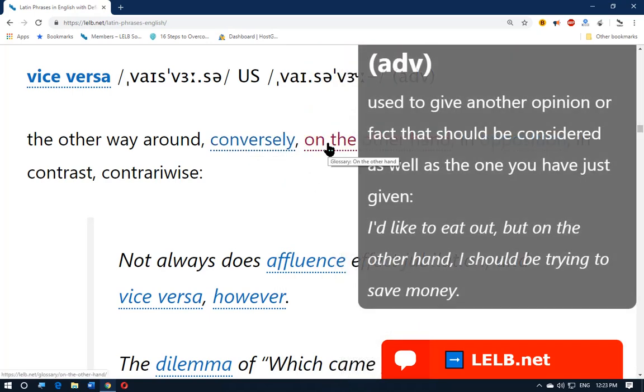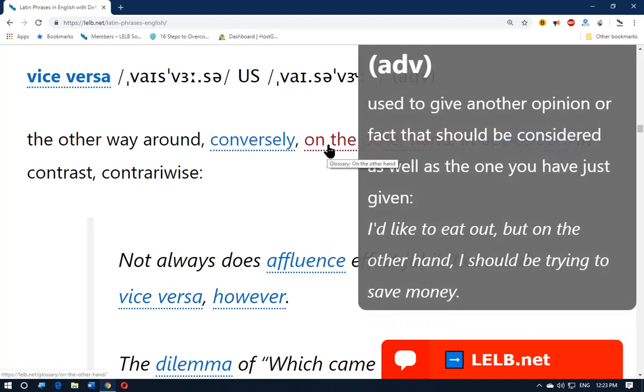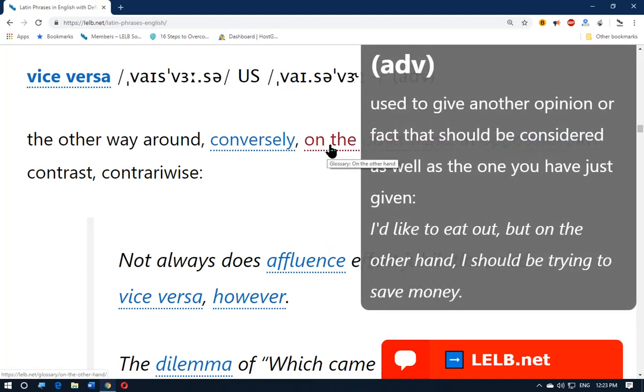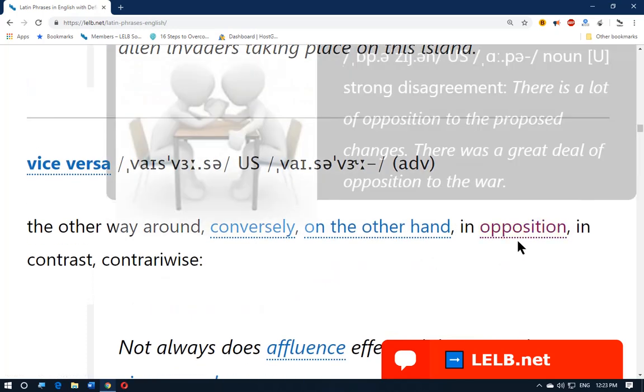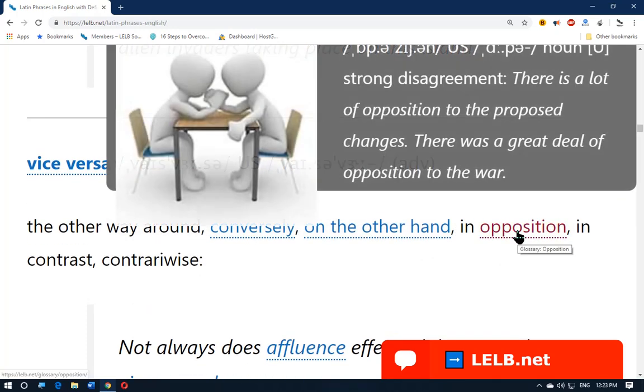On the other hand, it means to give another opinion or fact that should be considered as well as the one you have just given. In opposition, I told you there are 1,800 flashcards on LELB Society in this way. In opposition, in contrast, contrariwise.